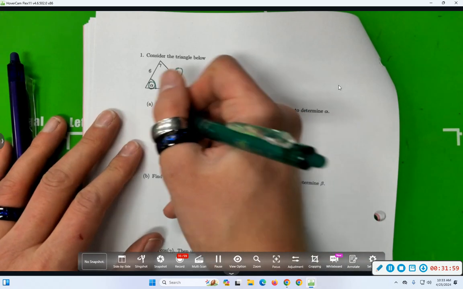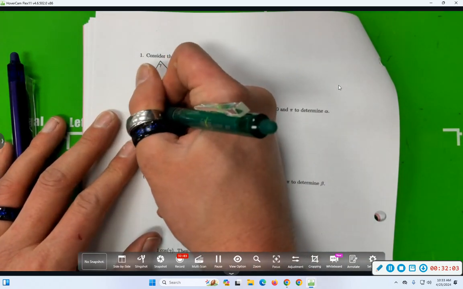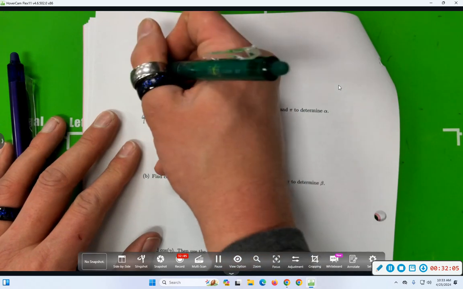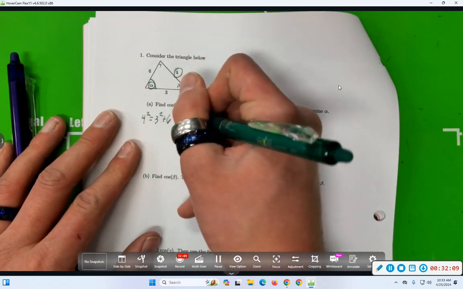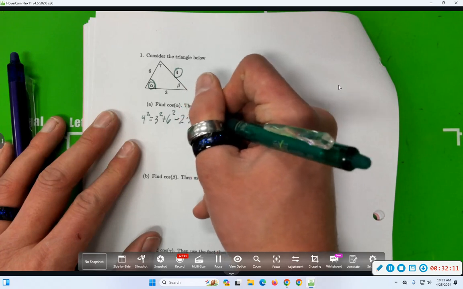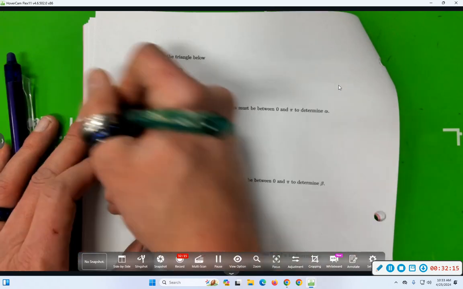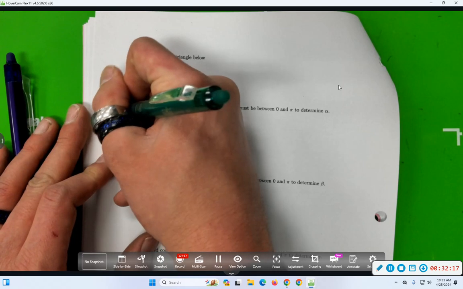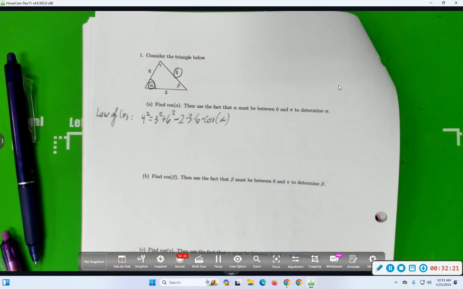What do we get? c squared, so that's 4 squared equals 3 squared plus 6 squared minus 2 times 3 times 6 times cosine of alpha. Did I write that down correctly?